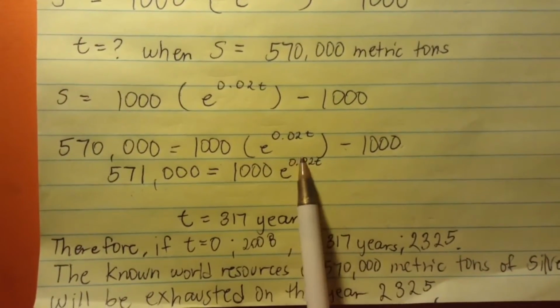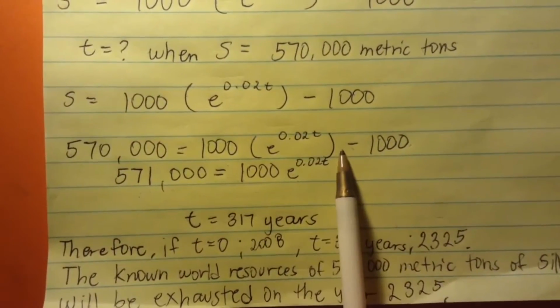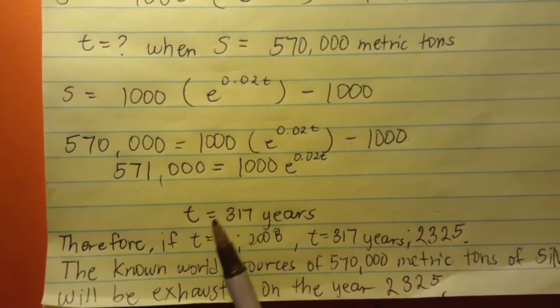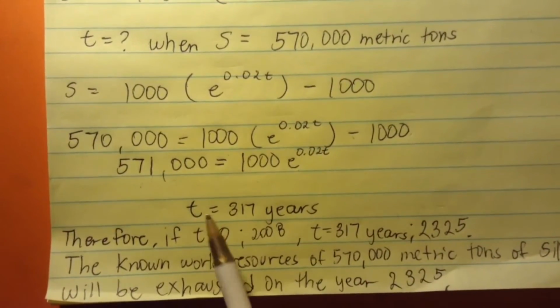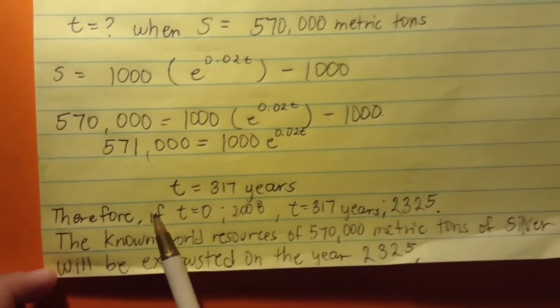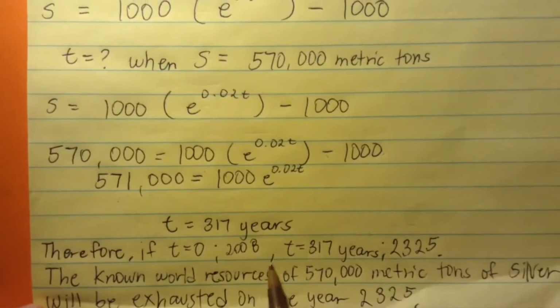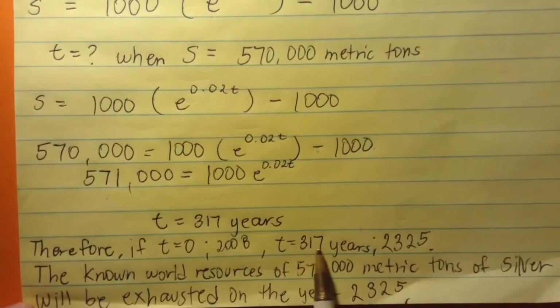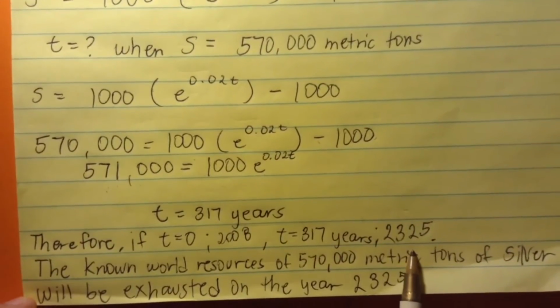e raised to 0.02t. In calculating for t, you have to use the solve function in your calculator, and you will have t is equal to 317 years. Therefore, if t is equal to 0, which is year 2008, if t is equal to 317 years, it will be year 2325.